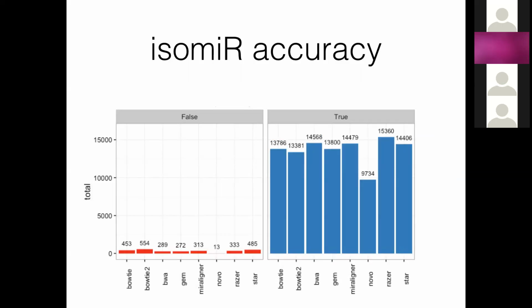In general, more or less all are doing quite well. Again, Racer 3 and BWA, maybe STAR, are working the best, but it's not a big difference except for no aligner.